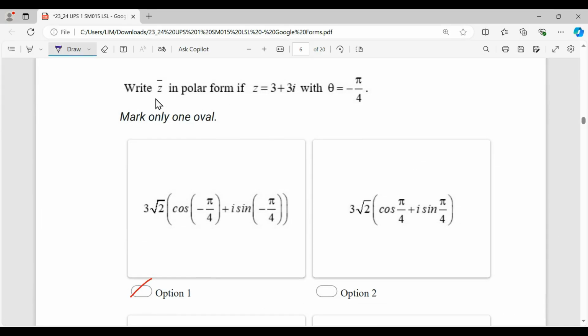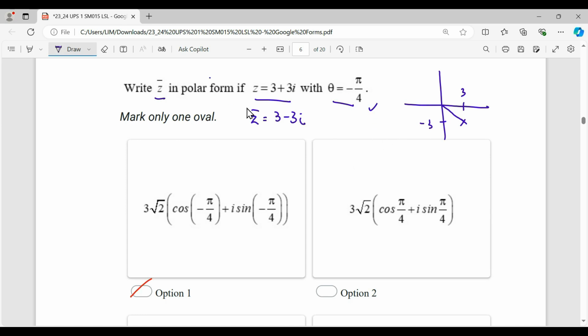Next, write the conjugate in the polar form for this complex number. So the conjugate is 3 minus 3i, with the theta being negative pi over 4. So 3 minus 3i is a complex number in quadrant 4, with the argument given.